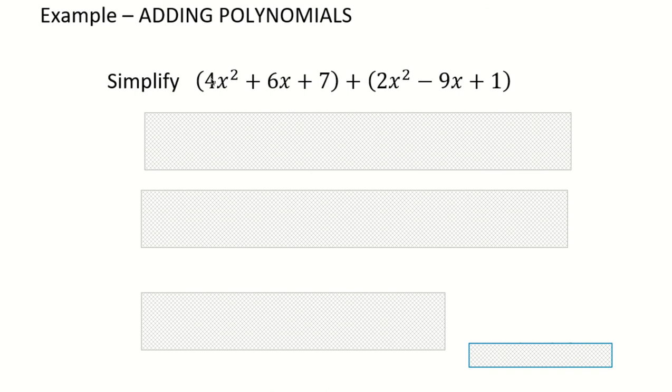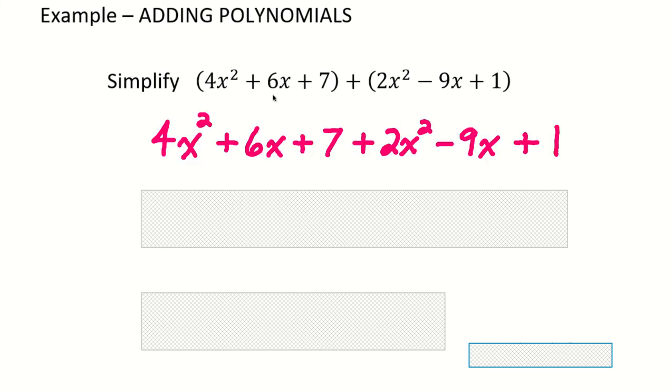So if you want to go through the motions of distributing a positive 1 and doing 1 times 4x squared, 1 times 6x, 1 times 7, and then 1 times 2x squared, 1 times negative 9x, 1 times 1, I guess you could, but essentially you don't even need these parentheses, because you're just distributing a positive 1 in both of these bubbles. The parentheses don't really matter that much at all.